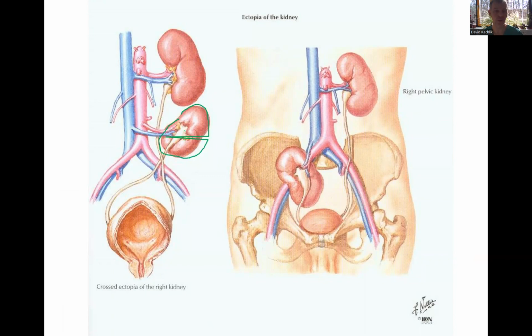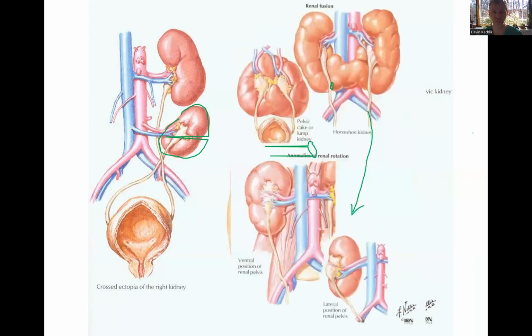So what we can see here is an ectopic kidney and a bit rotated, because during the development, the hilum rotates from ventral position to medial position. So here are two kinds of ectopia. You can see in ectopia, of course, the vessels come from the closest source. In case of a migrating kidney, the kidney takes the vessels from the origin, so the vessels prolong.